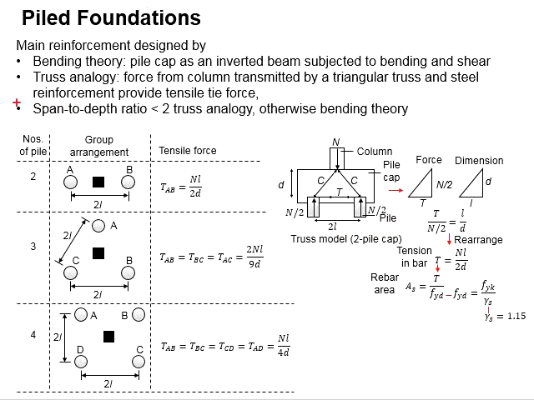For the span to depth ratio of the pile cap, which is less than 2, that means the span of the pile is relatively less in comparison to the thickness of the pile. Truss Analogy will be more appropriately representing the response of the pile foundations.